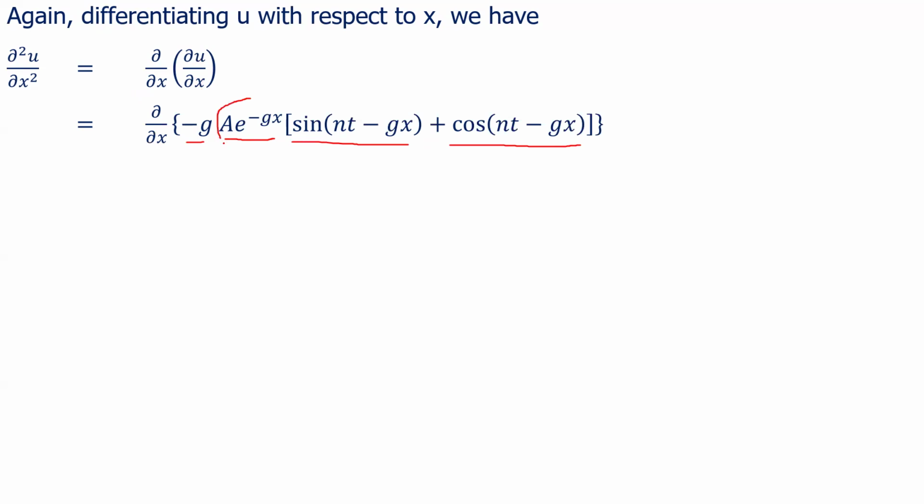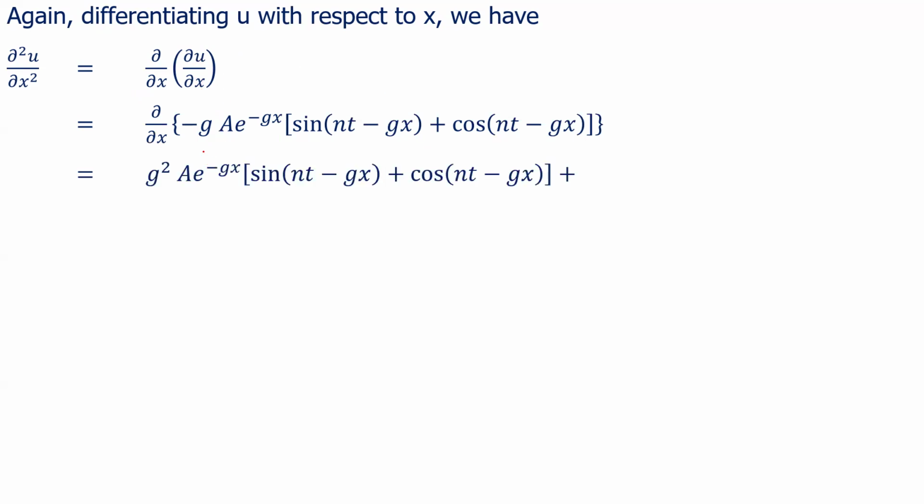Again we have the product of two functions, so apply the product rule. Minus g a we have taken outside. The derivative of e to the power minus gx is e to the power minus gx into minus g, so minus g into minus g becomes g square, and this thing is the same. Nothing is changed.